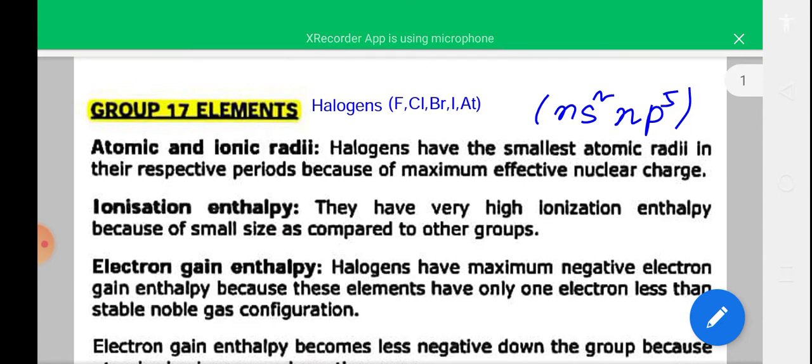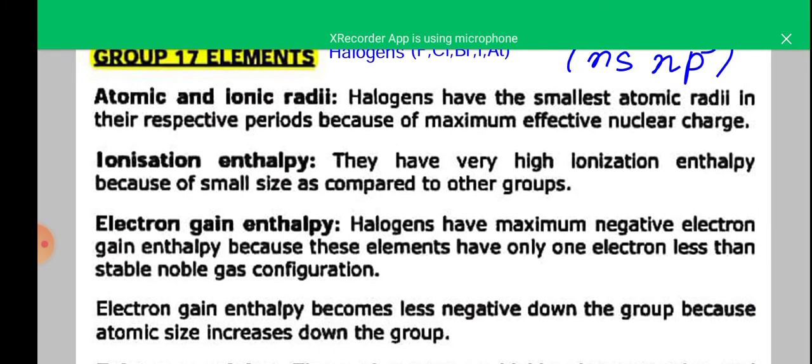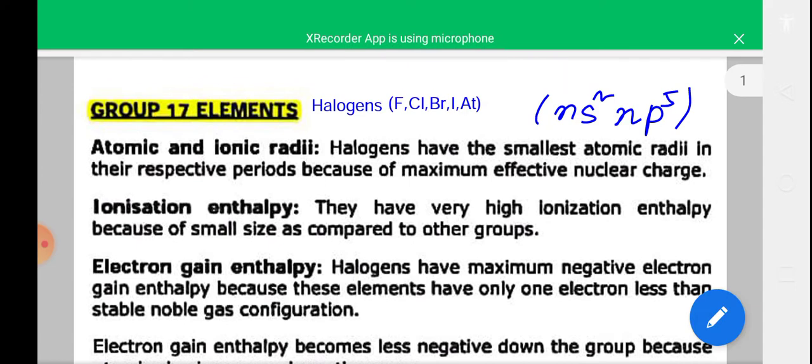Okay, and their common oxidation state: all elements of group 17 can show -1 oxidation state. Fluorine can show only -1 oxidation state, and other halogens like chlorine, bromine, iodine can show positive oxidation states also, like +1, +3, +5, +7.